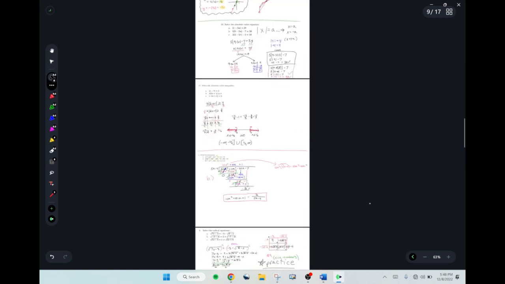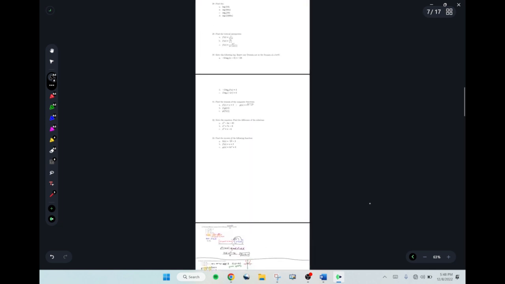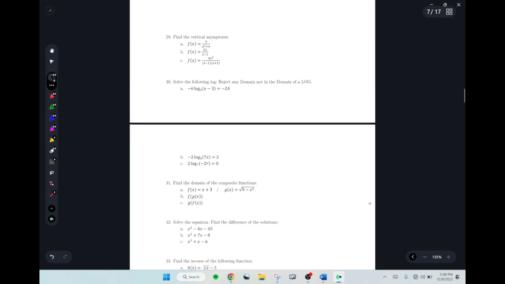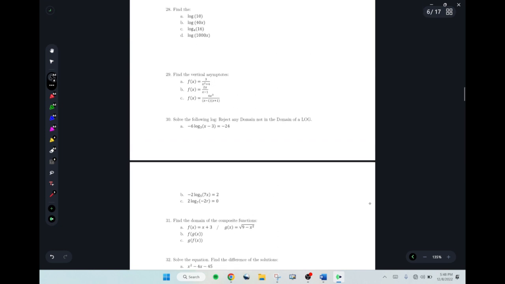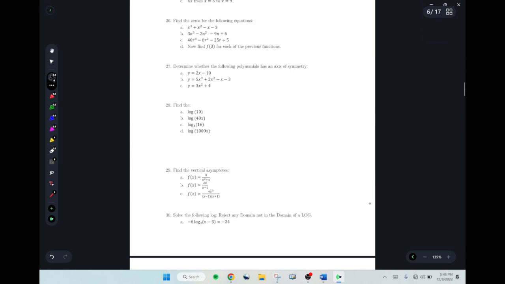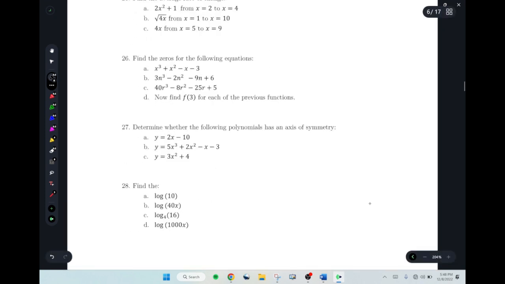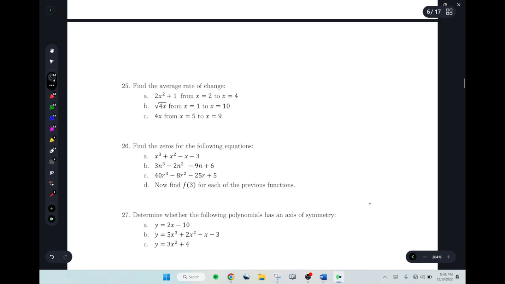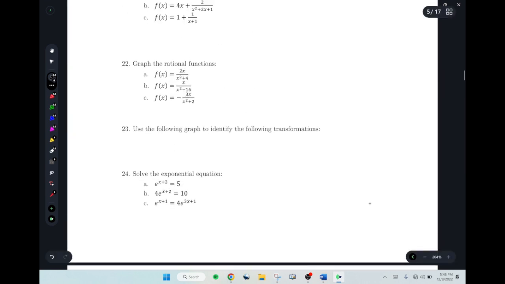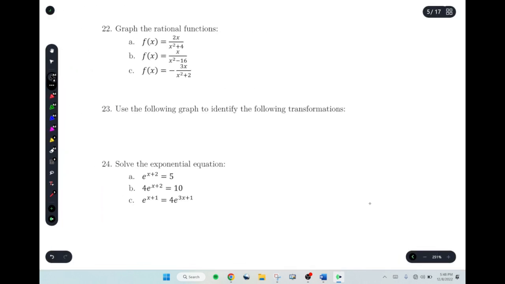Is there one on here where it says graph? Really? And transformation? Not transformations, but like where you have to give the x intercept, y intercept, asymptote. I thought there was one graphing. Use the following graph to identify the following transformations. Oh, it's missing. Oh no.